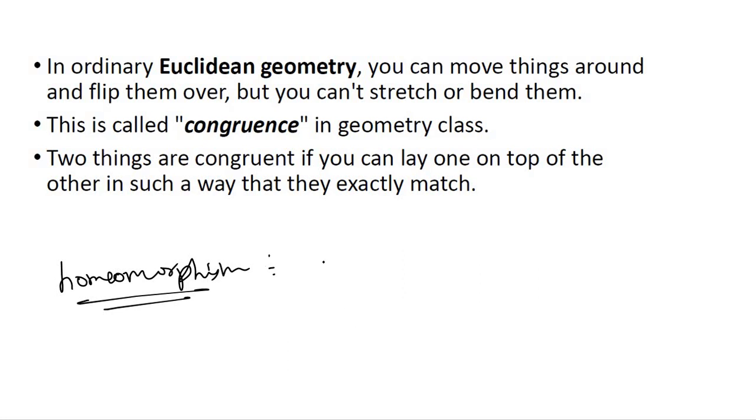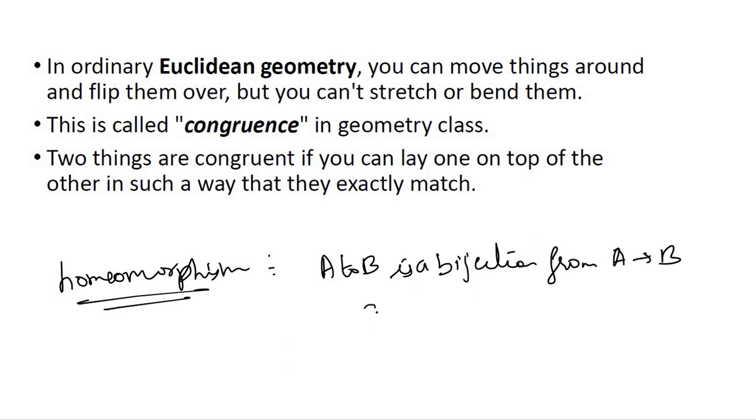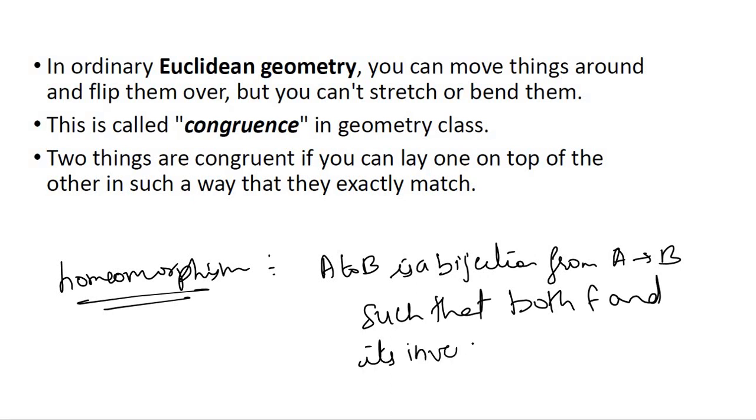So a homeomorphism from A to B is a bijection from A to B such that both f and its inverse are continuous.